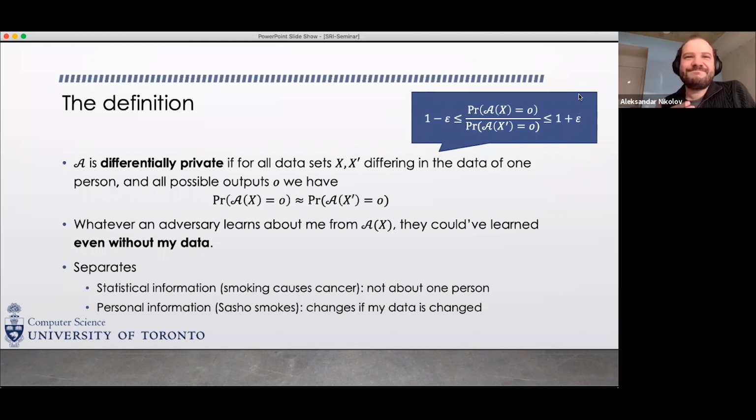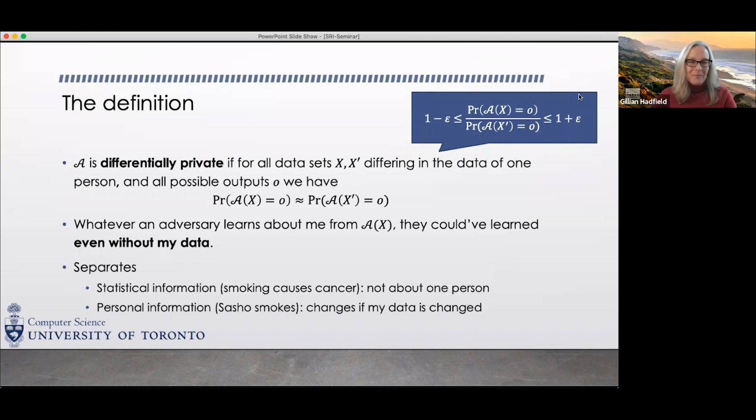But besides that, part of the reason why I talked about this Mikey dataset is to kind of drive the point that it seems hard to release data, even if you modify it a little bit and do that in a safe way. Whereas if we instead aim to release some model about the data or the result of some statistical computation about the data, we have some tools to do that and provide strong protection.